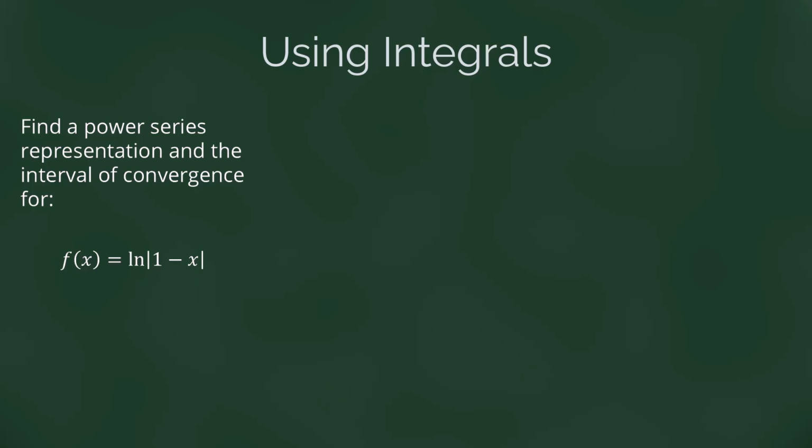All right, we just used a derivative. Let's look at this next example, which is going to show us how we might use an integral. So we have f of x is equal to the natural log of the absolute value of 1 minus x. And again, we're contemplating the function, or the power series, g of x equals 1 over 1 minus x, which is the sum from k equals 0 to infinity of x to the k.